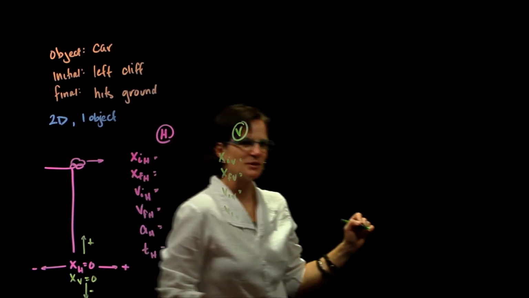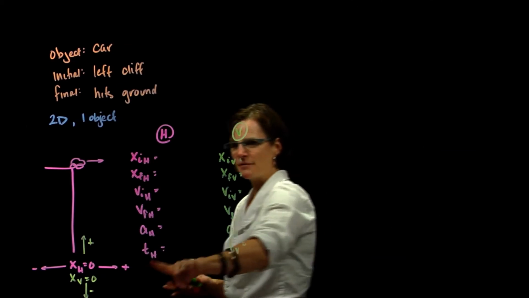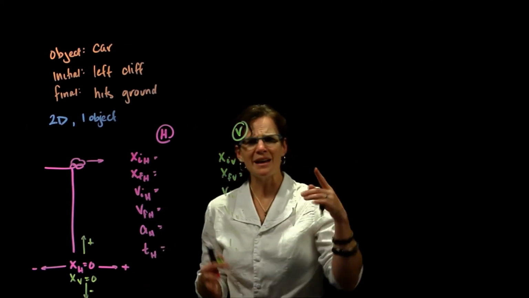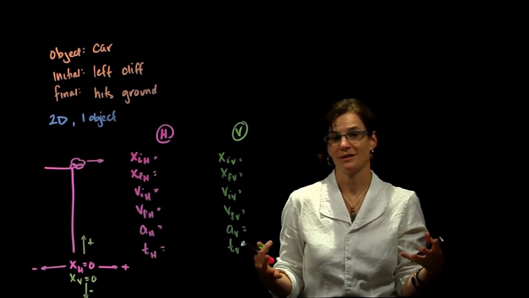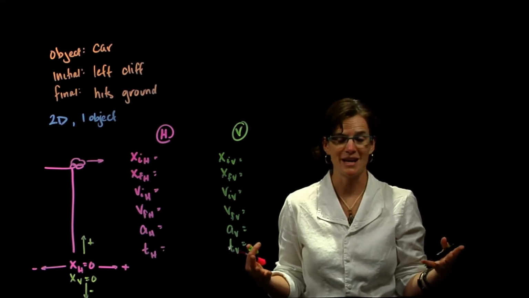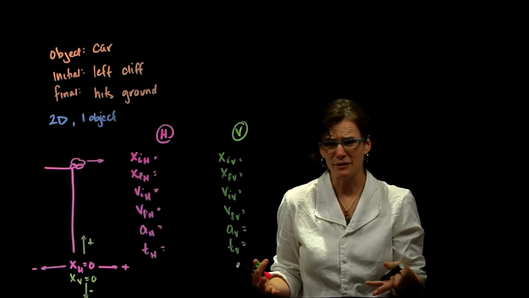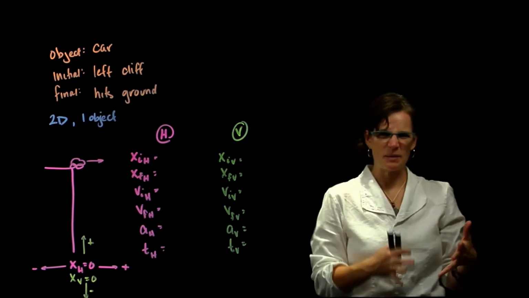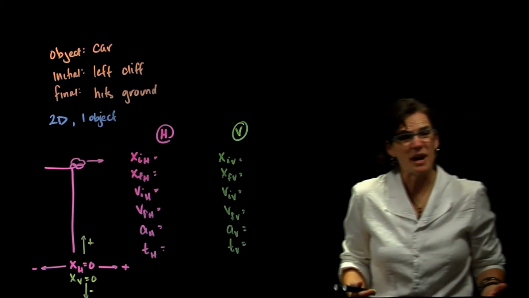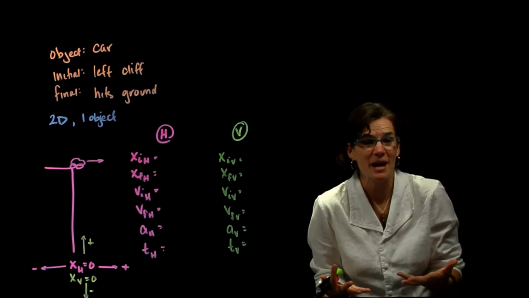So let's think about these 2 values and these lists. I want you to think about time for a minute. This is the time of the motion, how long the motion takes. How does it change between horizontal and vertical? Are they different? Well, the object can't really travel a different amount of time horizontally than it does vertically. It's one object. So even though it's traveling in 2 dimensions, it's doing it over the same amount of time.